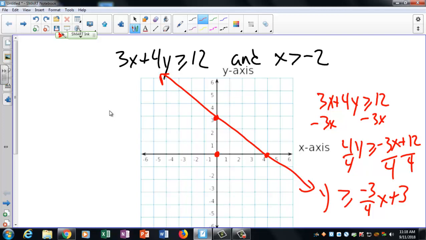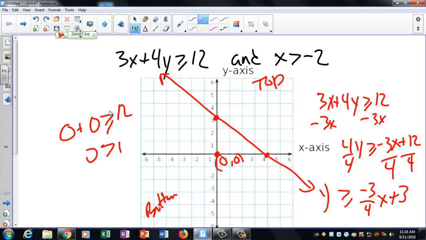If I plug in 0, 0, if this is labeled the top and this is labeled the bottom, is 0 plus 0 greater than or equal to 12? Is 0 greater than or equal to 12? This is no, yes? So which side do you shade? That would be this side.